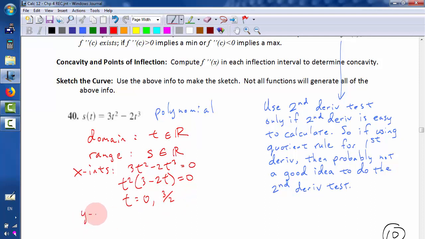Our y-intercept is just s of 0, and that equals 0. Asymptotes: there are none because it's a polynomial.